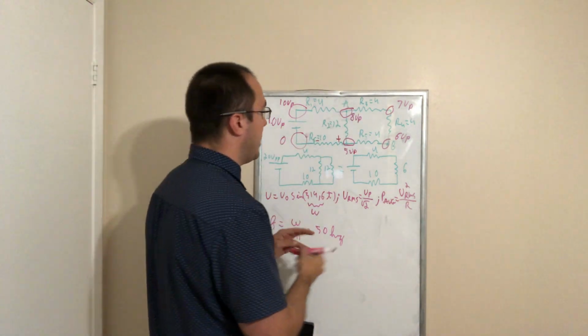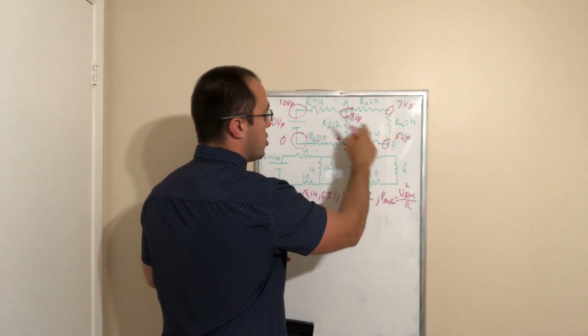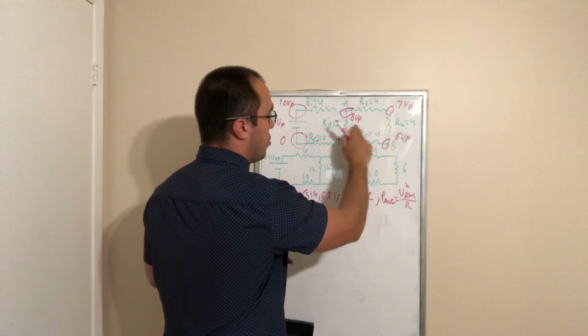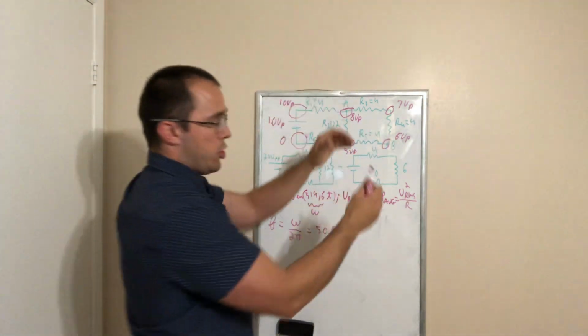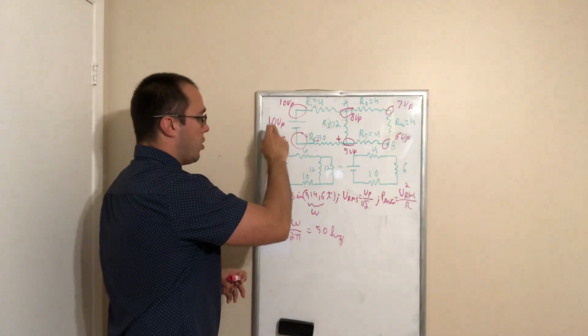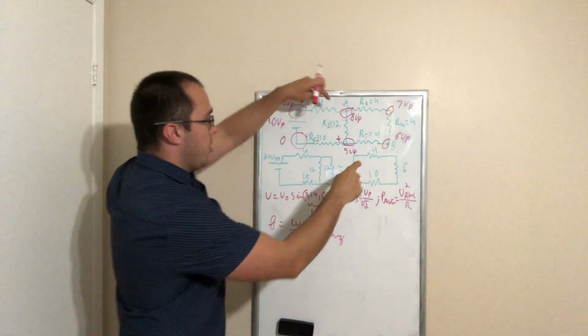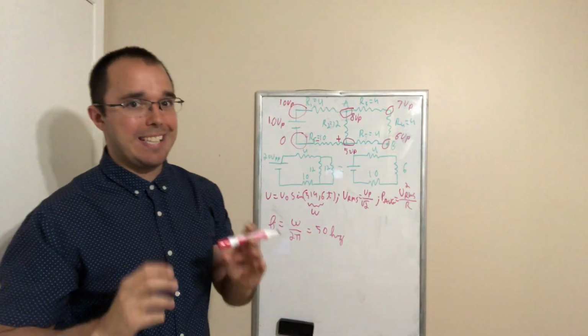And basically, if we look at the difference between points A and B, it is 2 volt peak between these two. If we were to plug a multimeter here, we would measure 2 volt peak. There's 10 volt peak at the source, but they all share the same exact frequency.